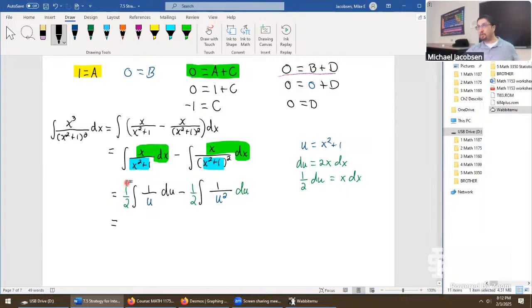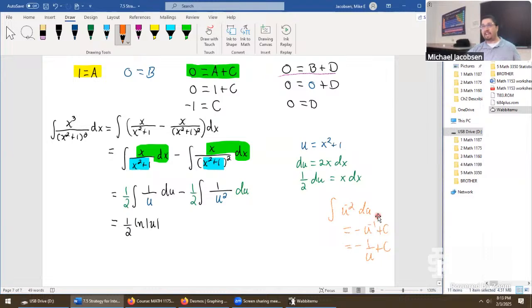Okay, let's write this out. Going left to right, this is 1/2 natural log absolute value of u. On this one, I usually don't really look at that. What I do in my mental blackboard, which I'm not very great at, I usually have to write it down to see it, but I view this as u power negative 2 du, so that I get negative u power negative 1 and a constant, or negative 1 over u plus a constant. I usually never consider the power rule with a base in the denominator.